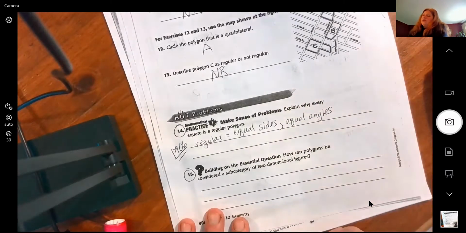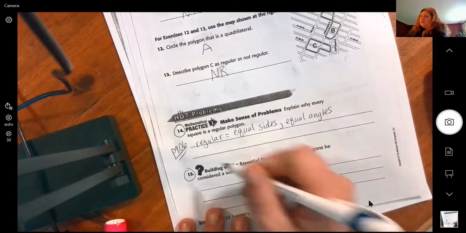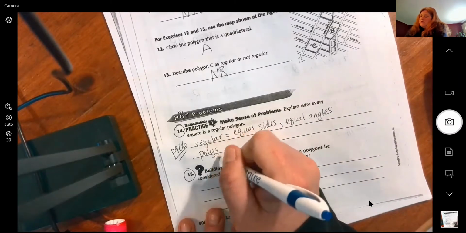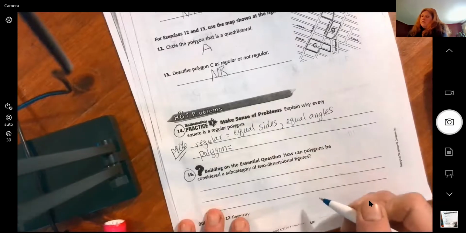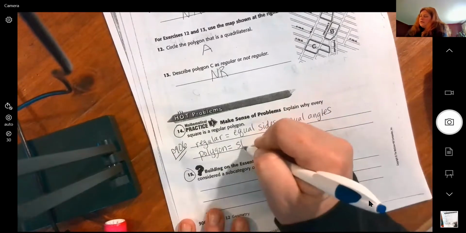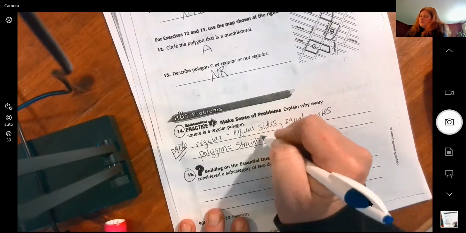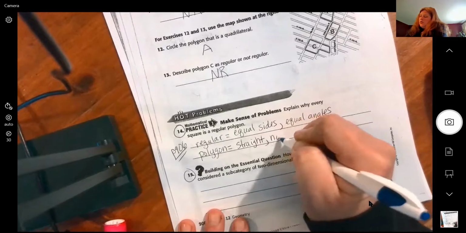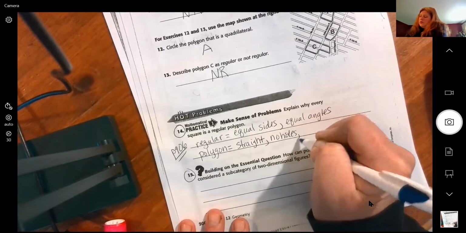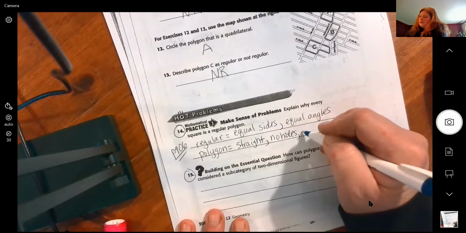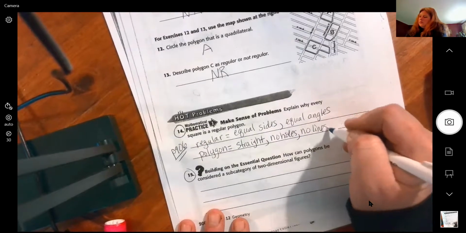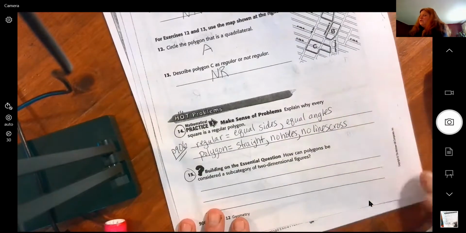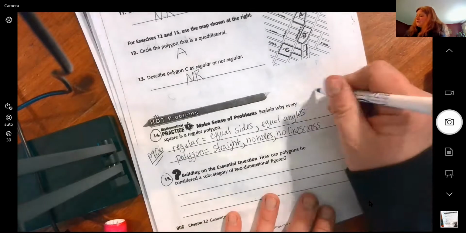And what is the definition of a polygon? Straight lines, no holes, and no crossing lines. So we're going to draw a square.